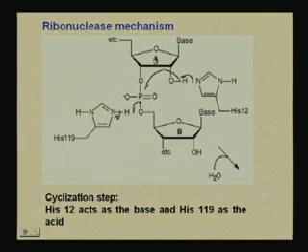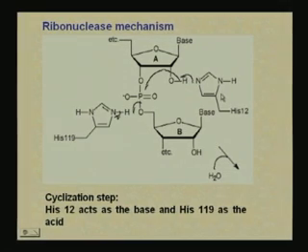We have the ribonucleic acid chain along the middle, and ribonuclease A is the enzyme that is cleaving RNA. The linkage is a phosphodiester linkage here, and the molecule is going to be cleaved by the protein. The two catalytic residues are histidine 12 and histidine 119. In the first step, histidine 12 acts as the base.